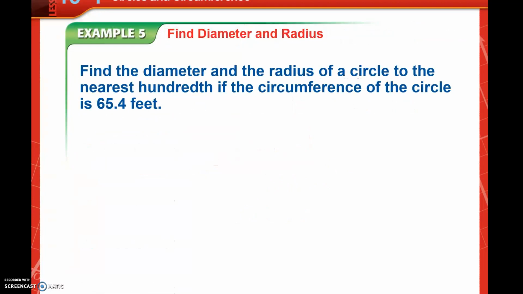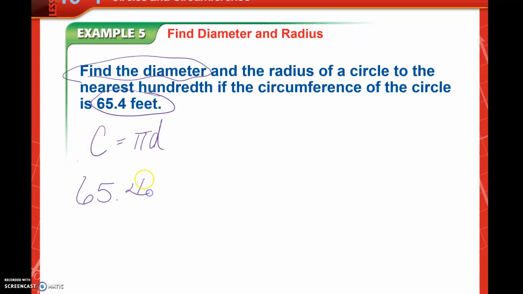Okay, if we're given the circumference and we're finding the diameter, we're going to put that in. So here, we want to find the diameter if our circumference is 65.4. So since I'm looking for diameter, I'm going to use this equation, and I'm going to put in what I know. I know my circumference, my C, is 65.4.